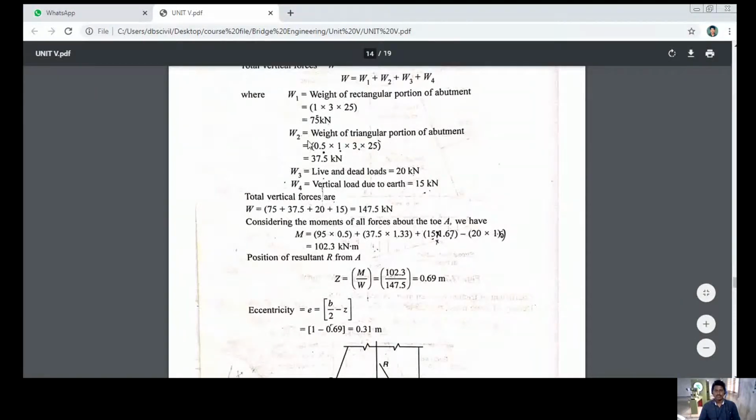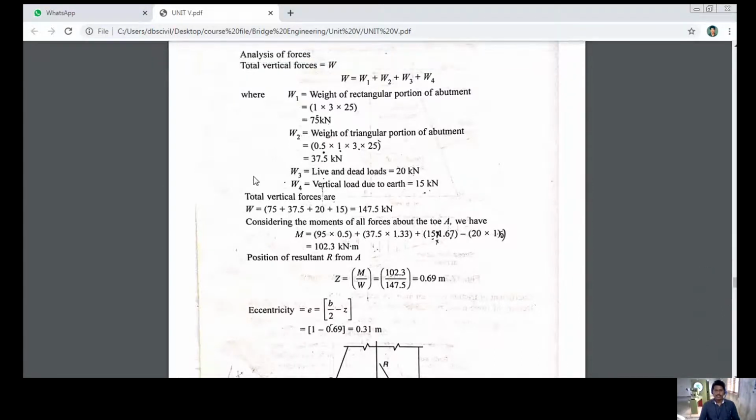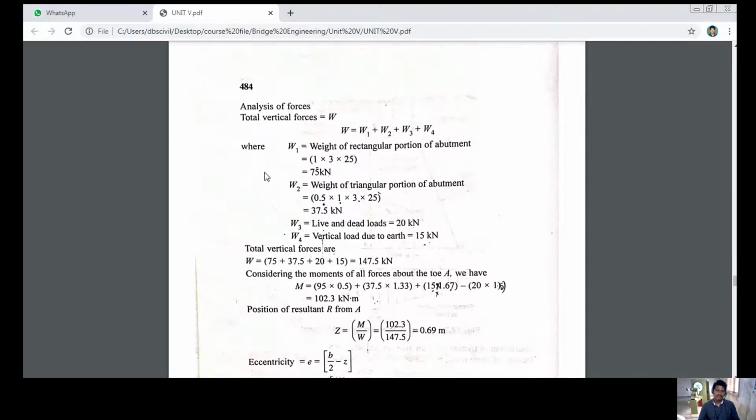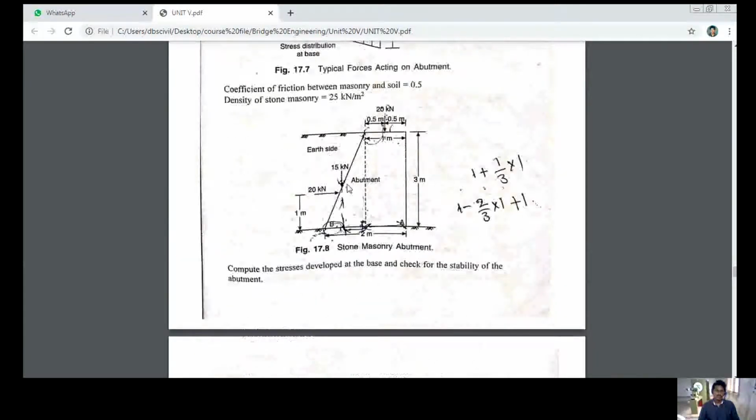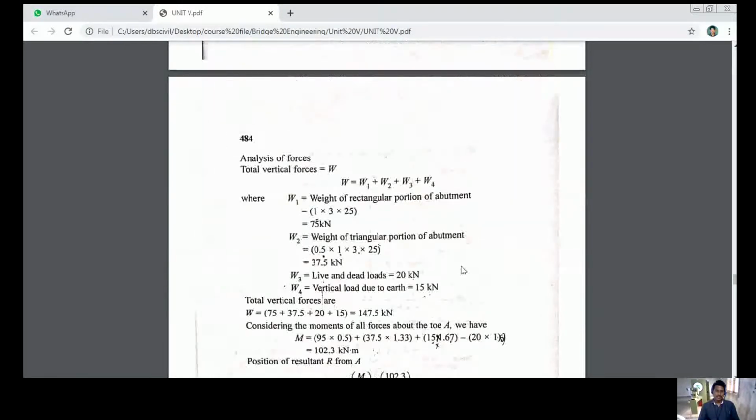Here we get 37.5 kilonewton. Okay. Now we will calculate the live and dead loads, assuming they are 20 kilonewton. Next, the vertical load due to the pressure of backfill is given directly as 20 kilonewton. This is 20 kilonewton, this is 15 kilonewton. That's what they are trying to say to us.